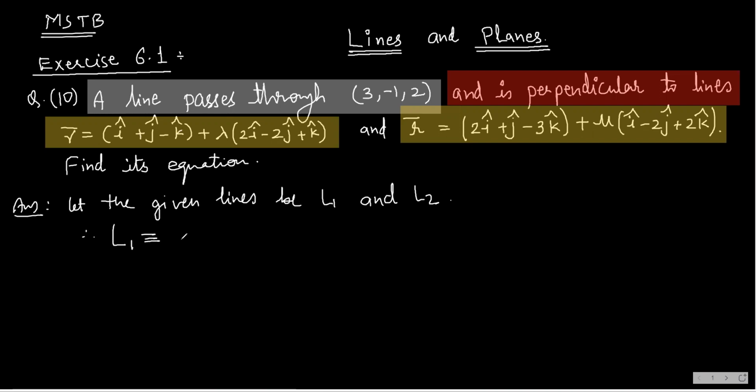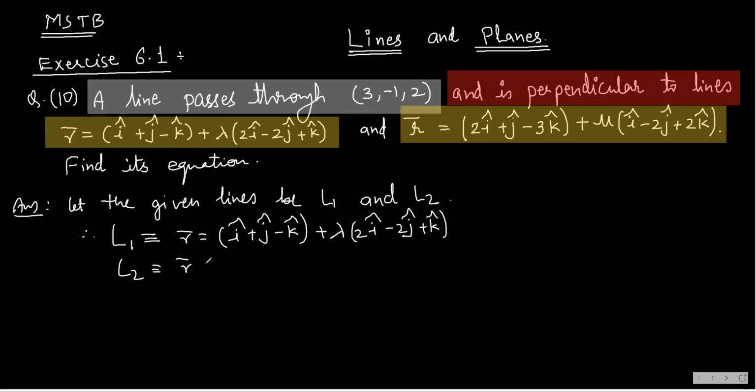This is the equation of L1: R bar equals i cap plus j cap minus k cap plus lambda times (2 i cap minus 2 j cap plus k cap), and L2 is R bar equals 2 i cap plus j cap minus 3 k cap plus mu times (i cap minus 2 j cap plus 2 k cap). Okay. Now I will draw these two lines.